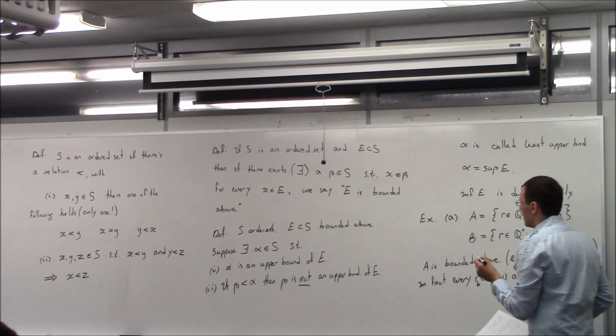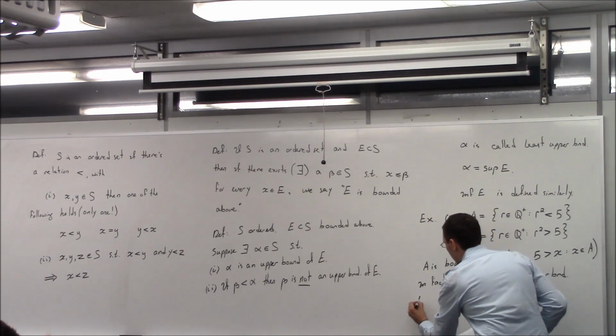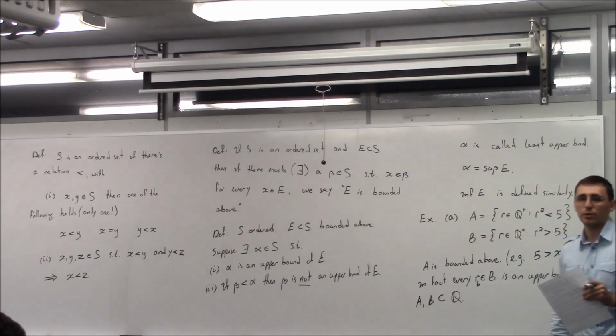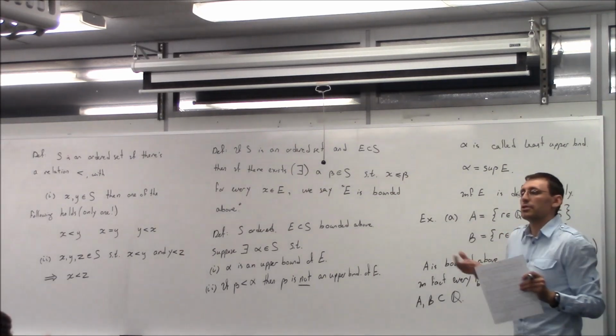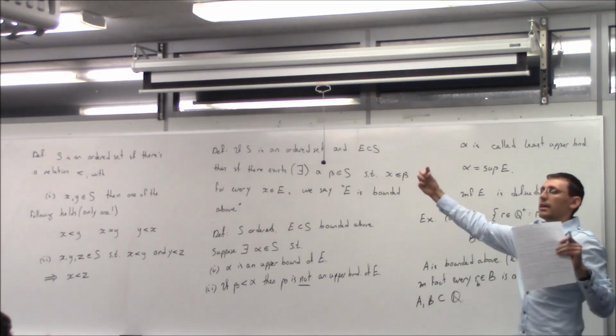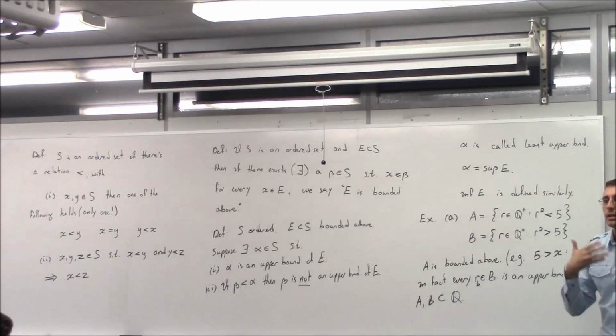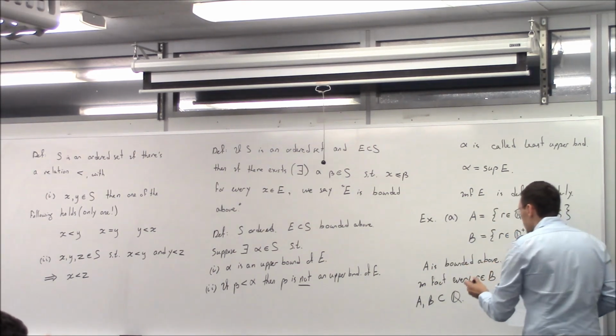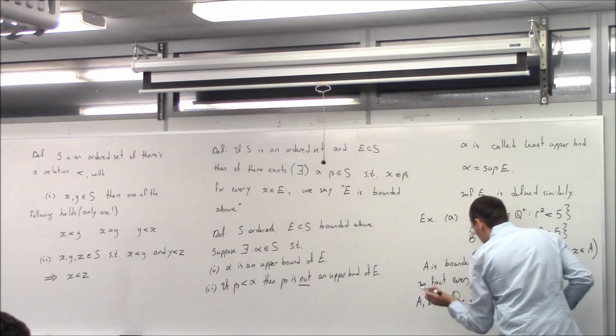But in terms of Q, if we view A and B as subsets of Q, it's natural that Q is an ordered set, right? What's the order? You just compare sizes. Or you take one number minus the other, and if you get something that is bigger than 0, you say, well, I don't need to over-explain it.